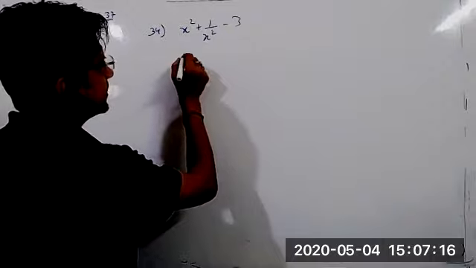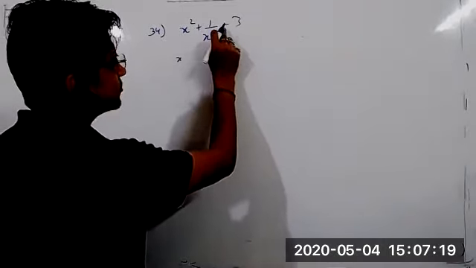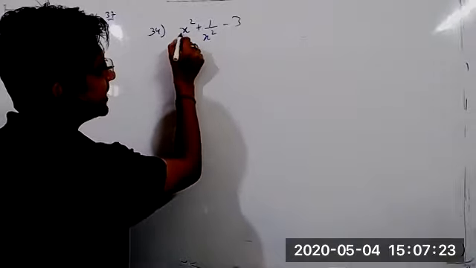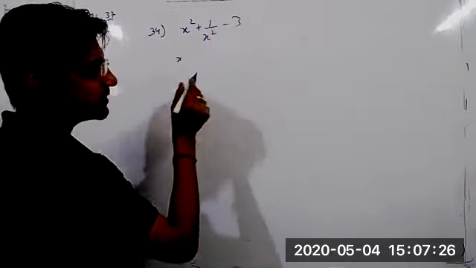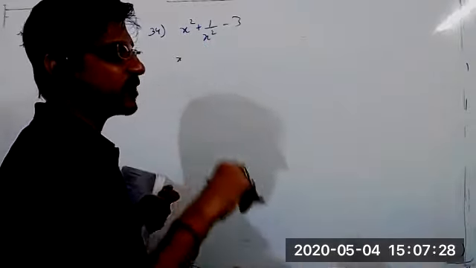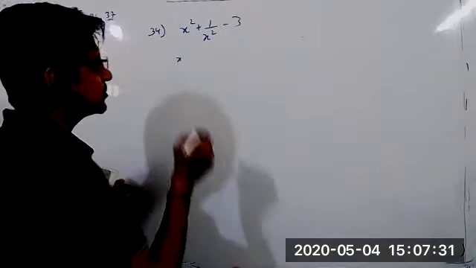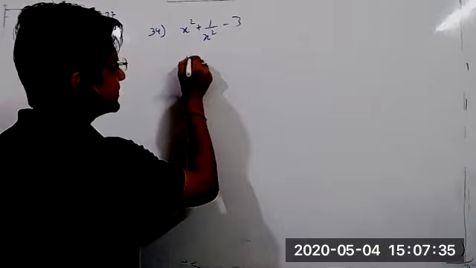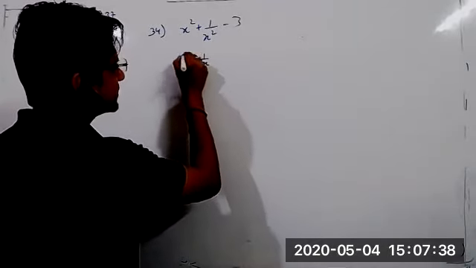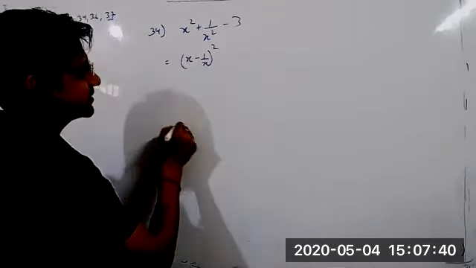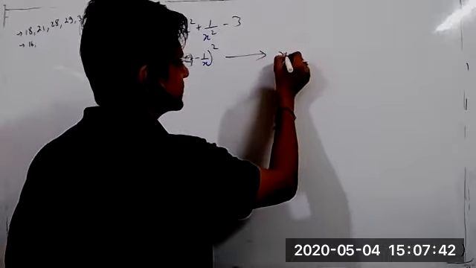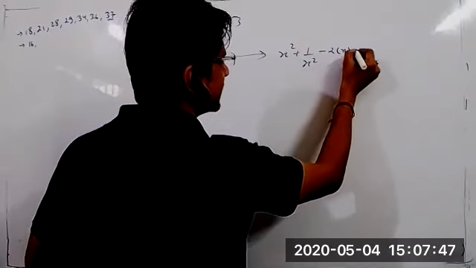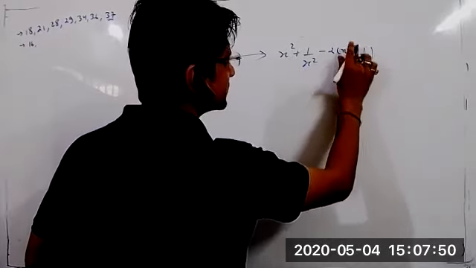Guys, x square plus 1 by x square minus 3. If you see this type, x square and 1 by x square, it should come to your mind that you have to add something and subtract something. If I make it x minus 1 by x, the whole square, this means x square plus 1 by x square minus 2 into x into 1 by x.